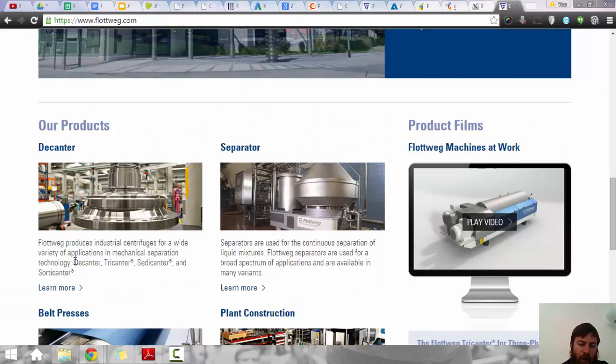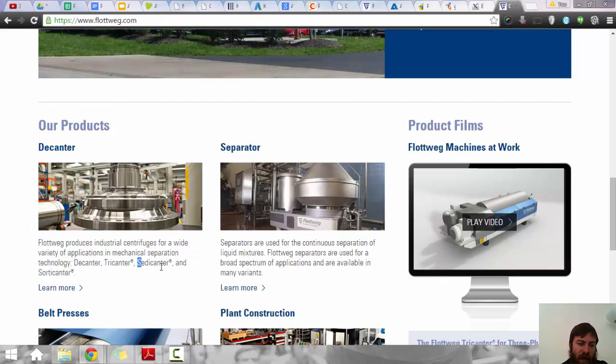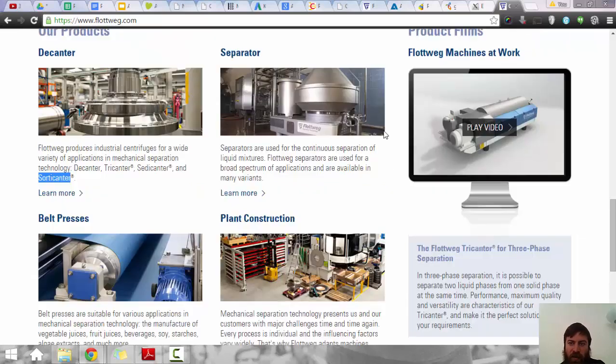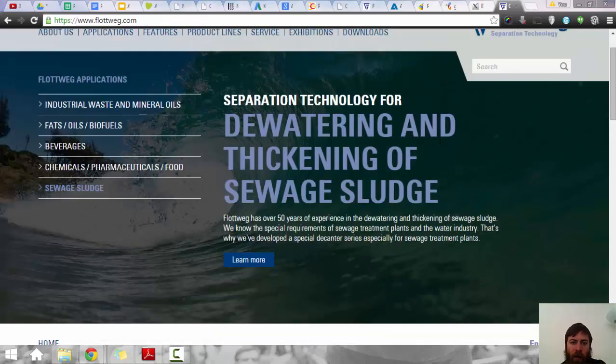But they may make a lot of products that we don't sell. They make decanters, tricanters, sedicanters, and sorticanters. They make belt presses. They help construct mechanical separation technology plants.